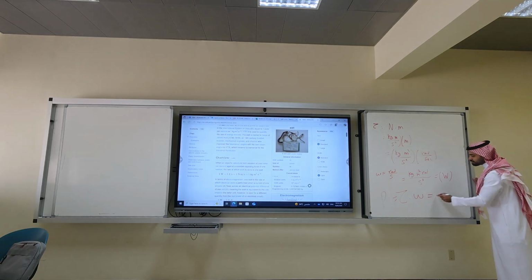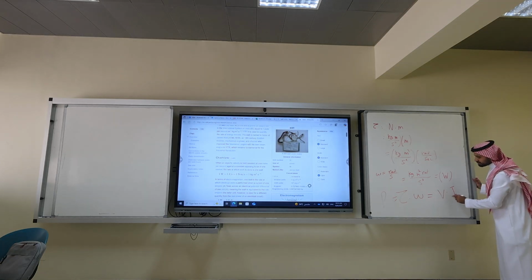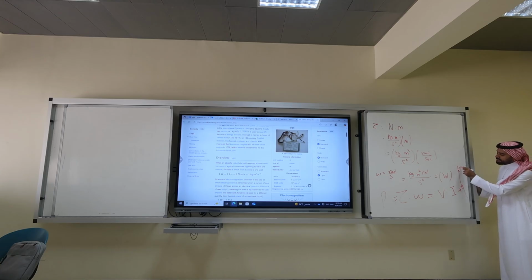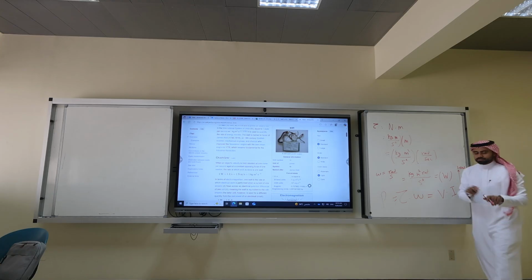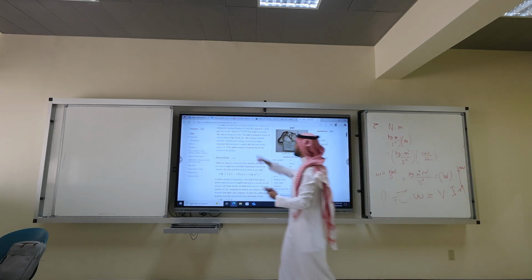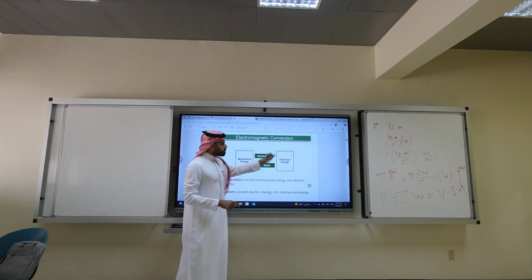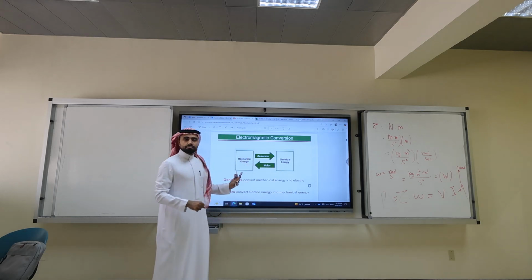What else do we have? Volts times current, right? Power. Maybe plus some eta, these are maybe losses, friction, heat, etc. So we all know that I can convert mechanical energy back to electrical and vice versa.